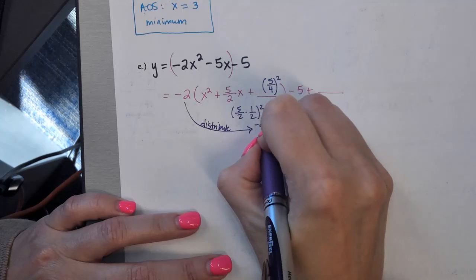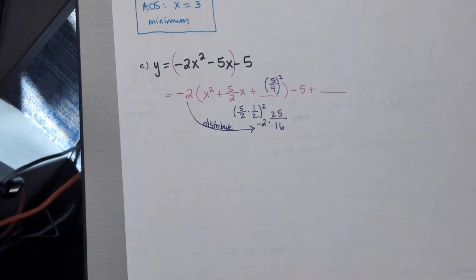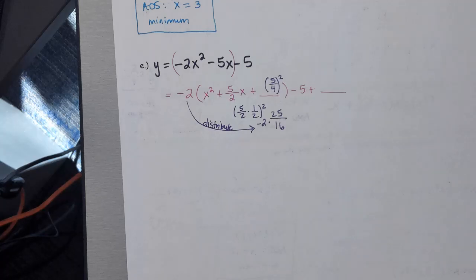So -2 times 25 over 16. Okay, so multiply those together, fill in that other blank. This is a really good one to practice your fractions. Okay, don't just wait for me to write it down.